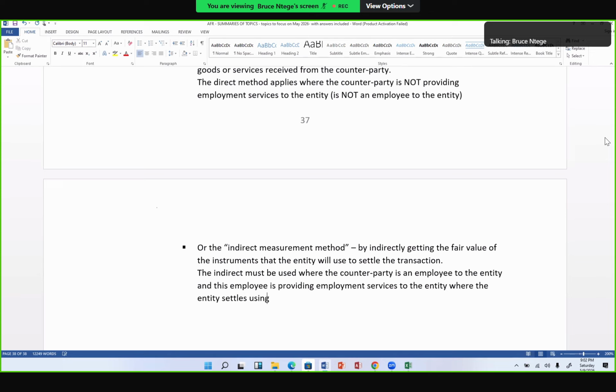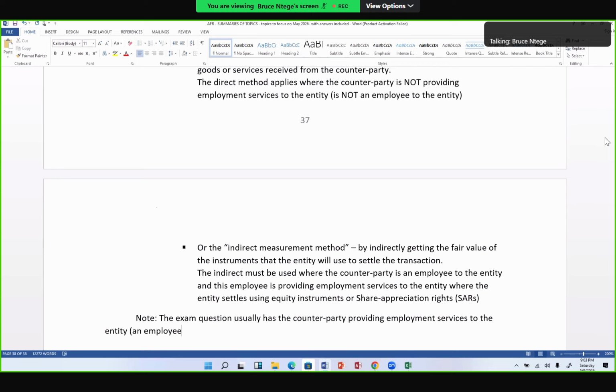That means this is an employee of the entity, and therefore we are using the indirect method. Hence, the indirect method is going to be applied in the exam.